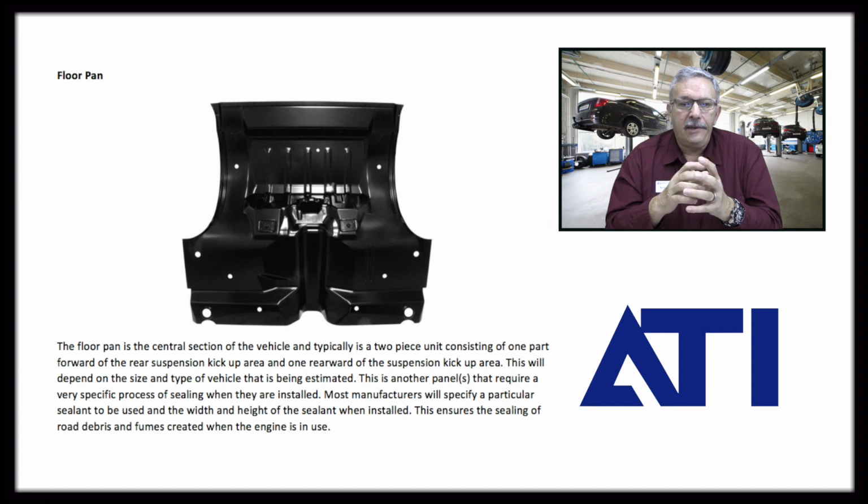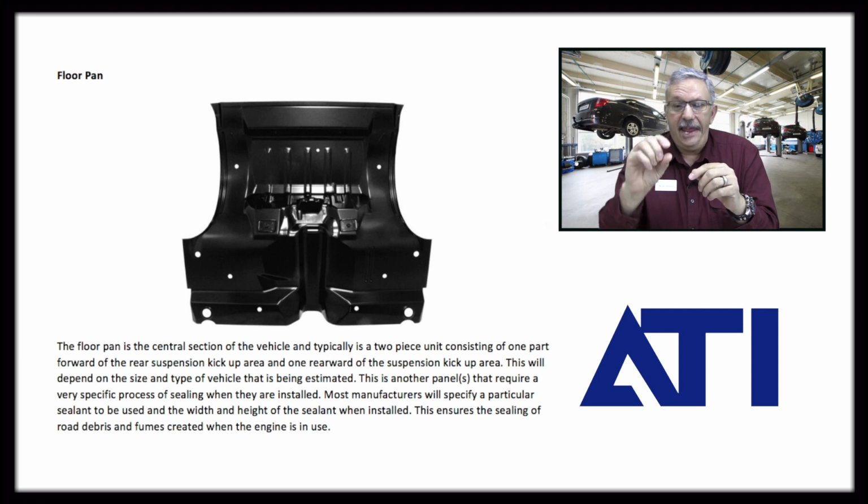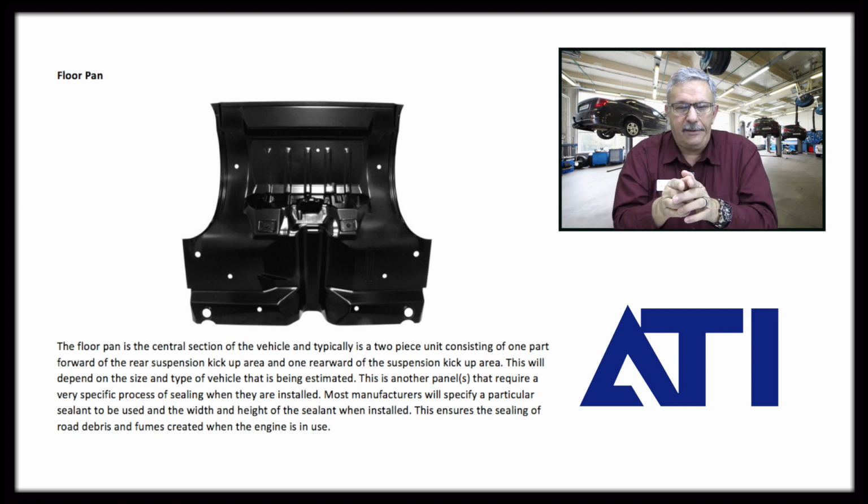So again, in sealing a floor pan, because it's the same thing we had with the rear body panel, the manufacturers will specify particular sealants to be used, and it goes with not only the sealant itself, but what is the width that we have to have for the sealant and the height for the sealant, so that when the part is put together, it is able to squash out and cover the distances that they want in their engineering.